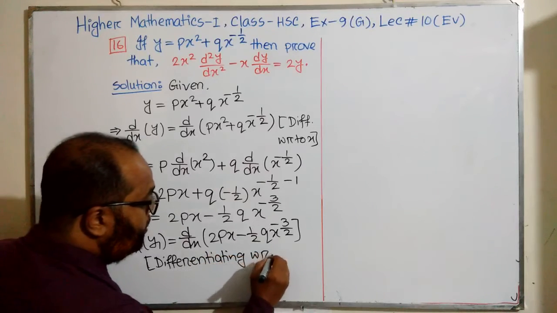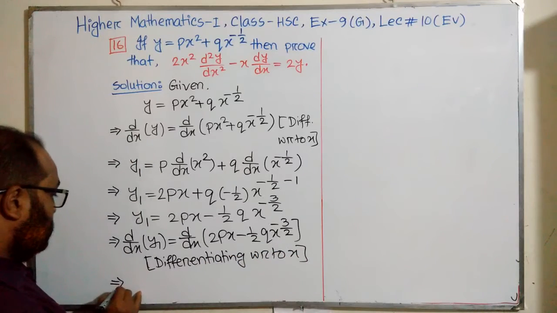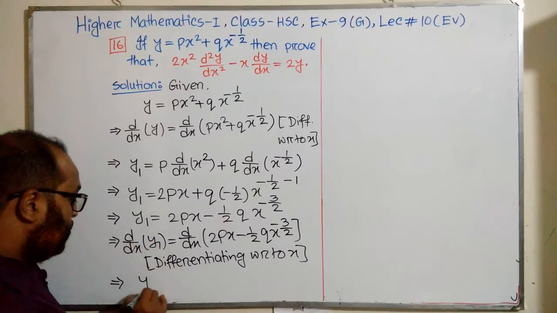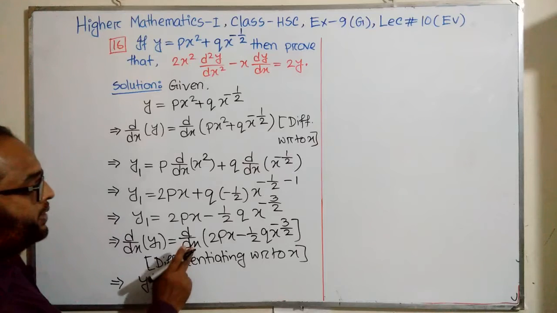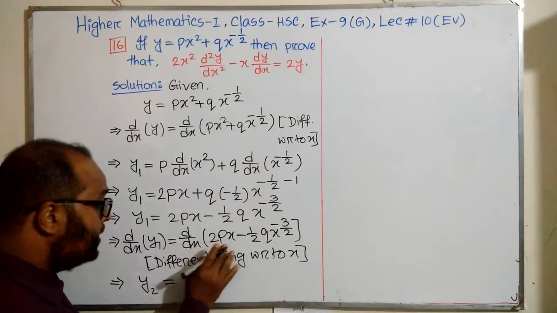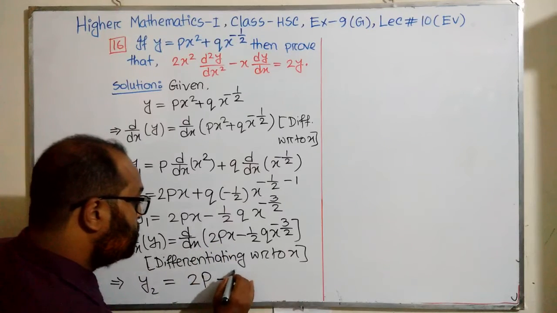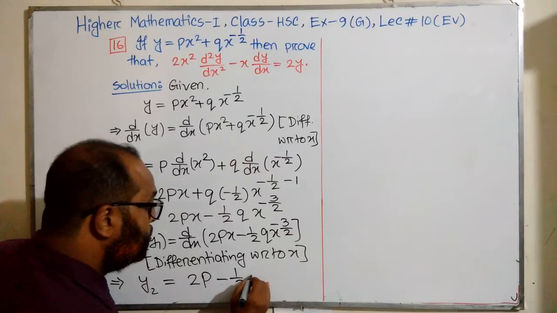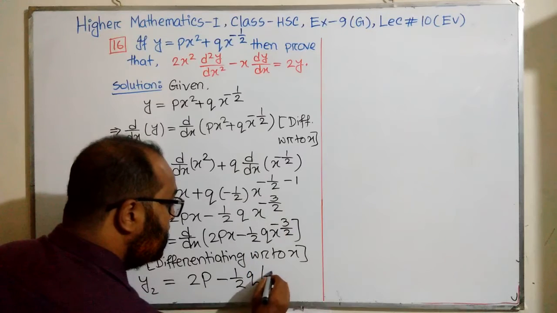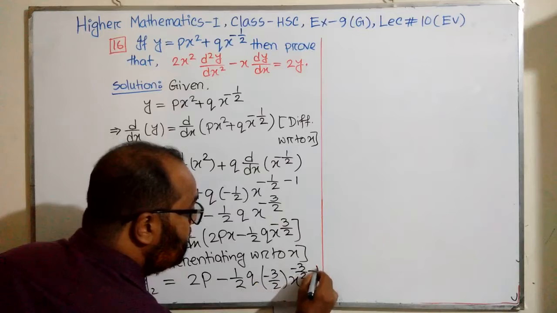Differentiating with respect to x, you know d/dx of y1, this can be written as y2, this equal d/dx of x, this is 1, that means this remains 2p minus 1 by 2 q, here x power n, that means this is n x to the power n minus 1.